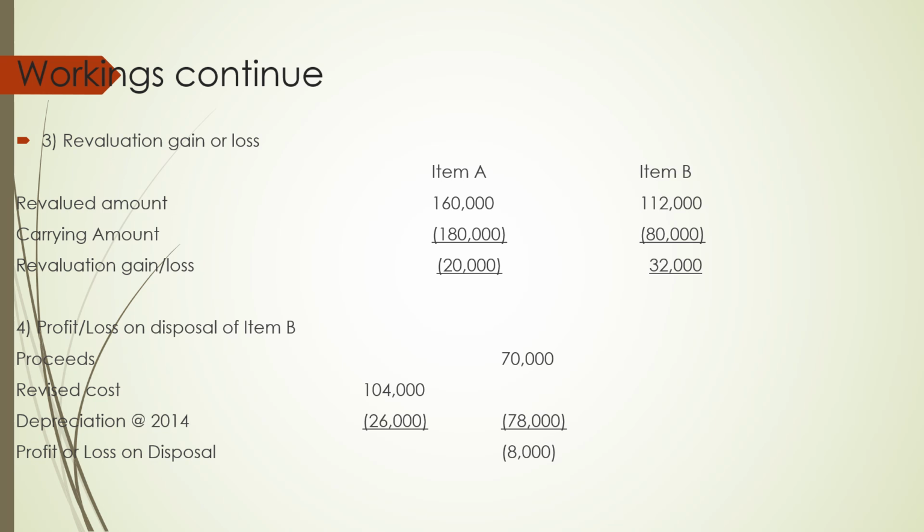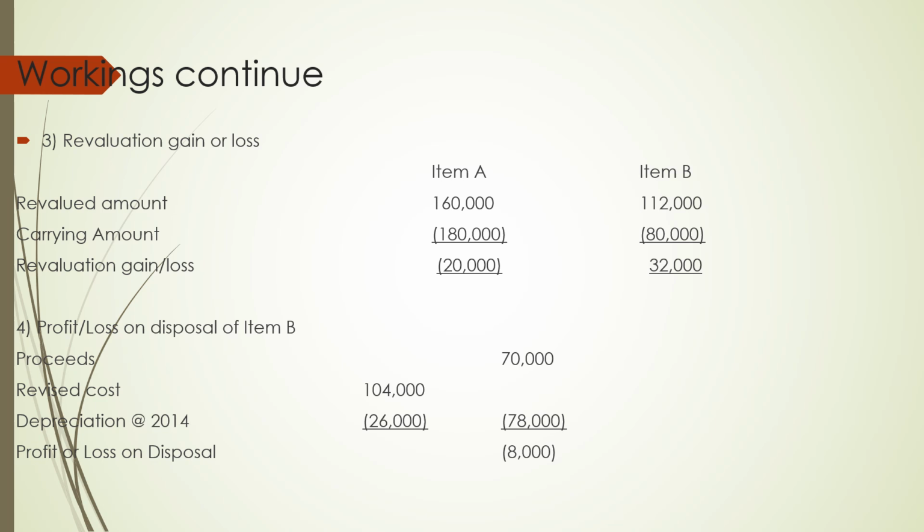In this instance, item A had a carrying amount of 180,000. So we're saying that the carrying amount, that is the value in our books, is more than what the item was revalued at. If that happens, we are getting a loss of $20,000.